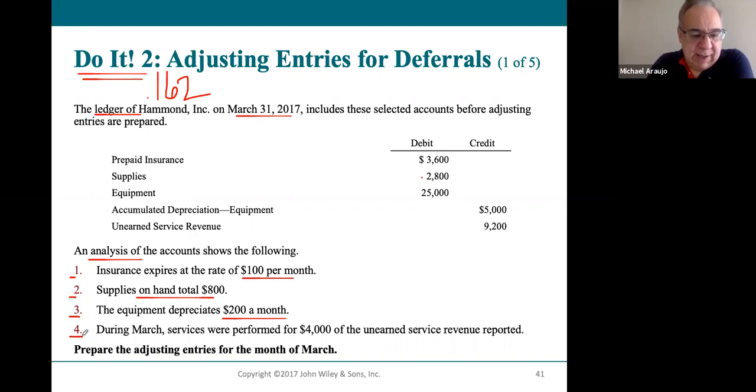And the fourth thing is they looked at their records and they actually performed $4,000 of services. Now look, they owed $9,200 of services to their customers. They actually did $4,000 work to earn that. So now we're preparing the entries based on what we just reviewed here in Objective 2.